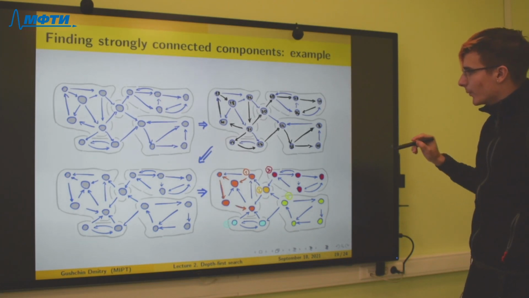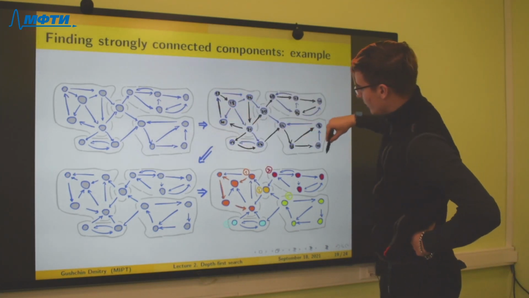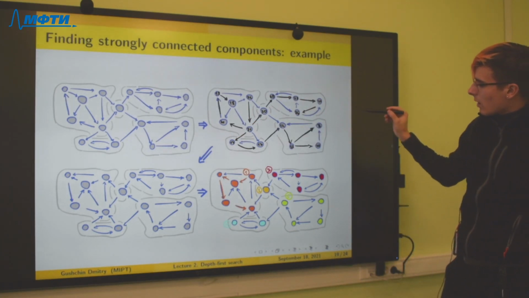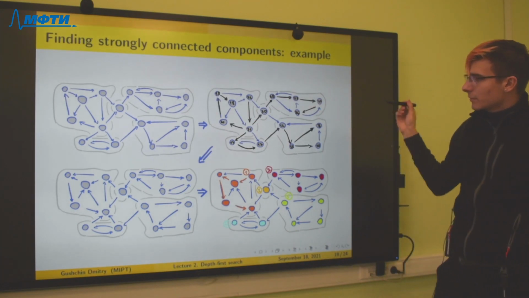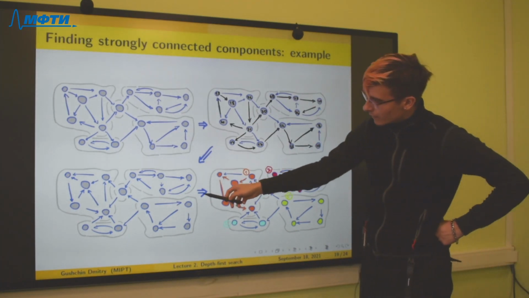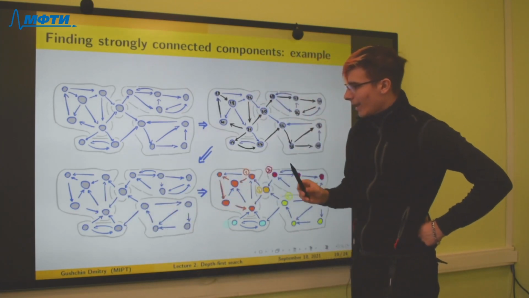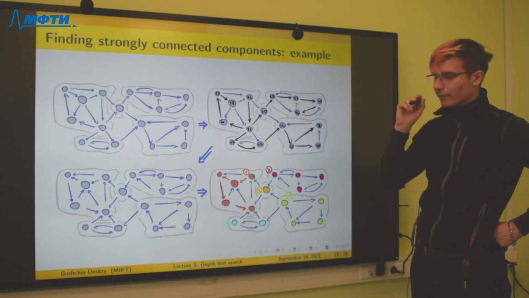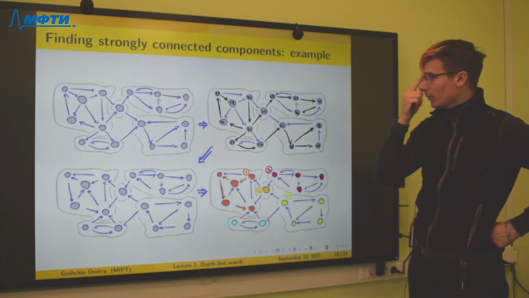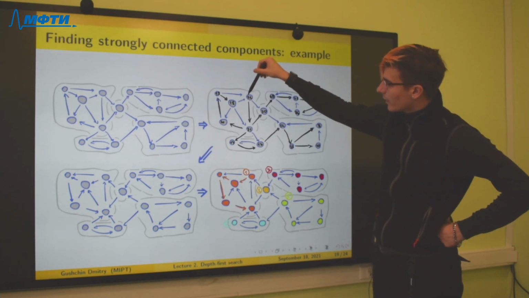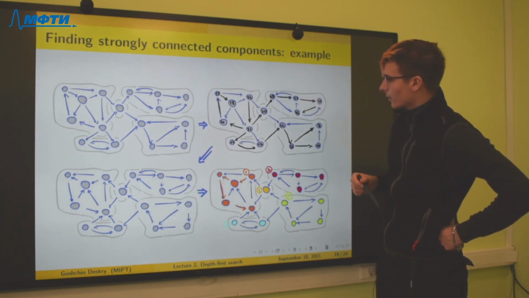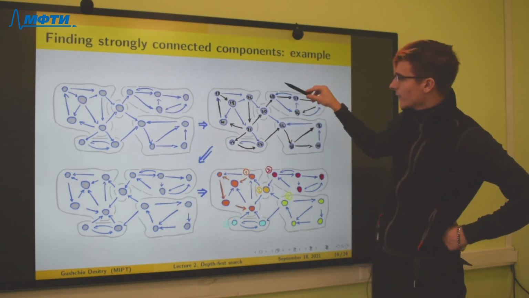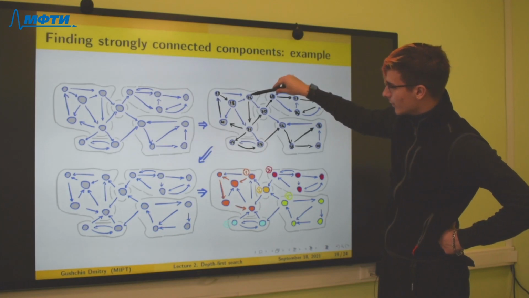So when we have the graph with nodes that store the finish time of DFS, we reverse all edges and repeat the DFS visit function from the vertex that has the biggest number. Then we start with vertex 32.